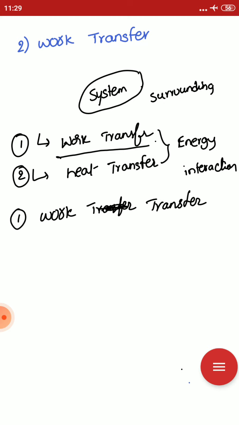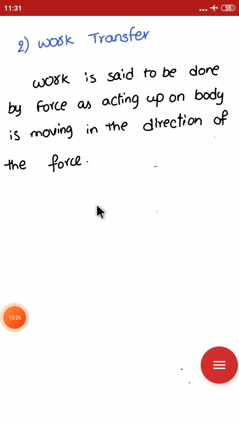In mechanics, the action of force on a moving body is identified as work. As a definition from the mechanics point of view, work is said to be done by a force acting upon a body moving in the direction of the force.